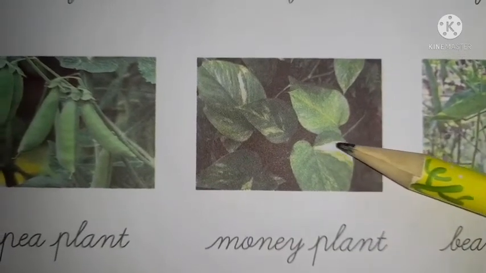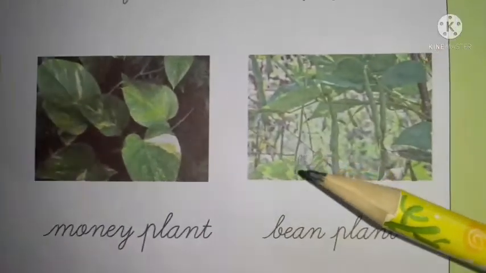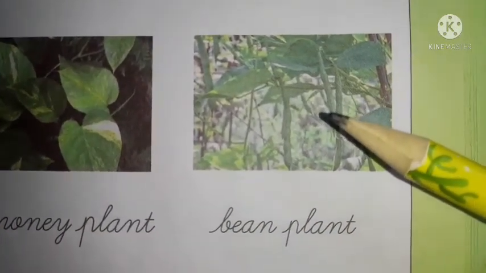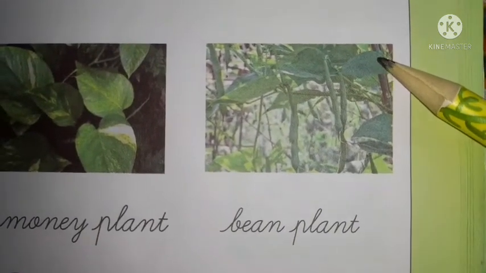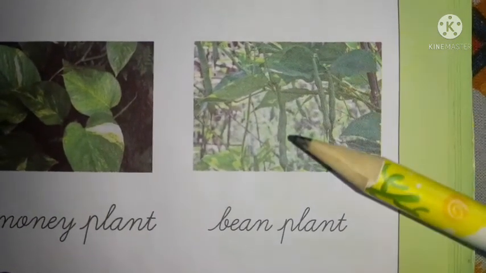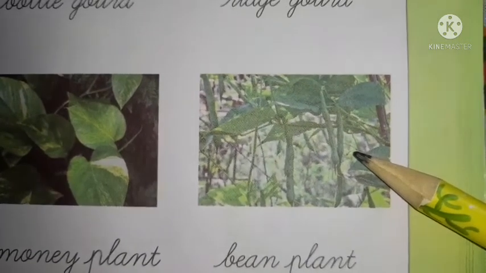You can see shades of yellow and green. It looks very beautiful. And the last one is bean plant. You can see beans hanging and you can see the stick. With this stick the bean plant grows around it and produces flowers and vegetables. This is bean plant.